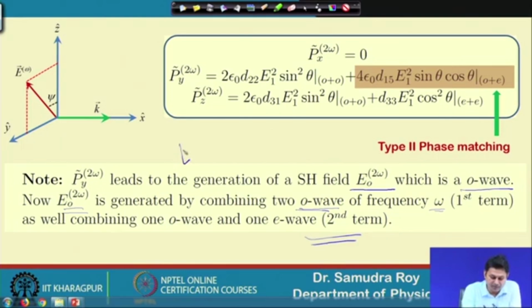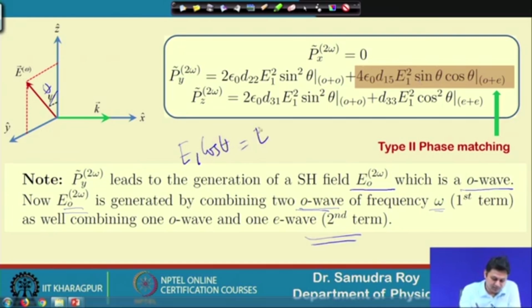So, first term was E 1, and again this notation, it should be either theta or psi. So, there is a notational mismatch, but anyway. So, if this angle is theta, E 1 cos theta is along z direction.